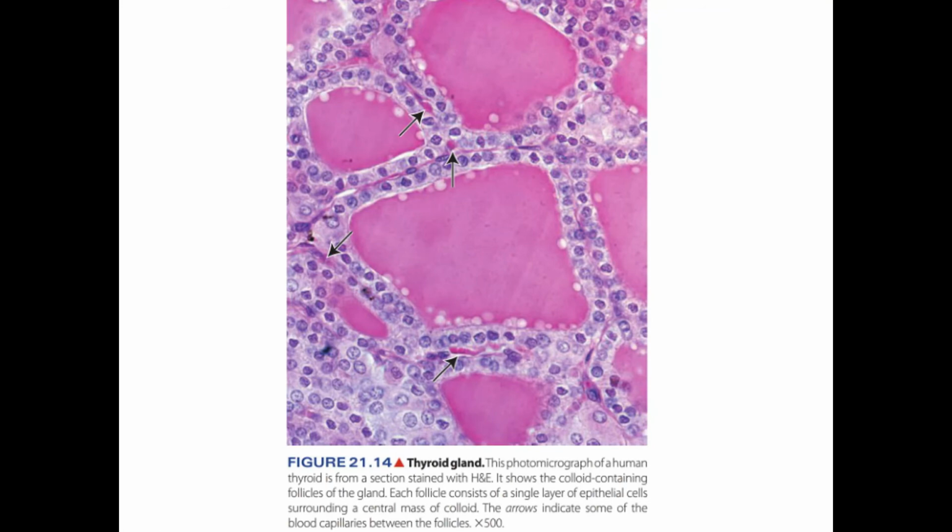This thyroglobulin contains a lot of tyrosine endings, thyroxine, and when iodine is joined here, thyroglobulin gets rich with iodine.